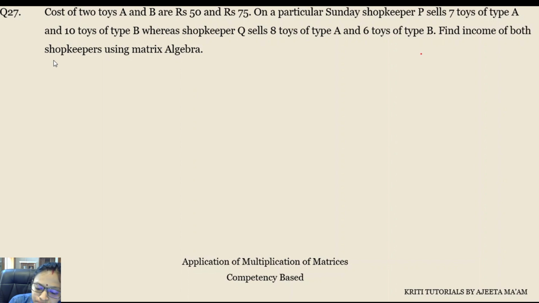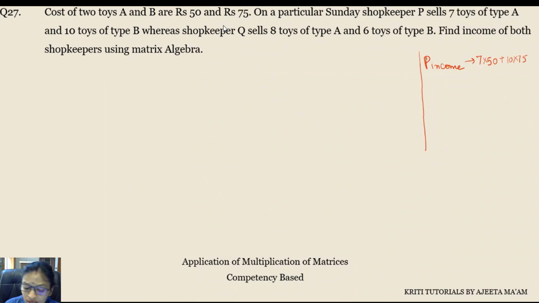Sorry, if you do it the simple way, how will you do it? If you want to find the income for P, how will you find it? You will multiply 7 toys of A type with the cost of A, right? And you will multiply 10 toys of type B with the cost of B. So you will get the income of P.